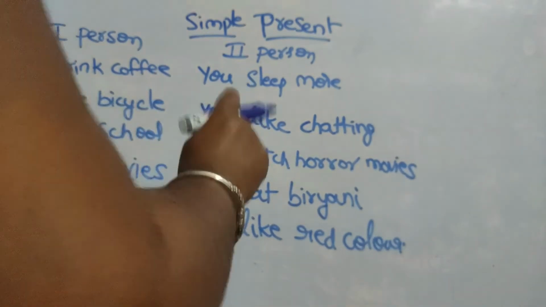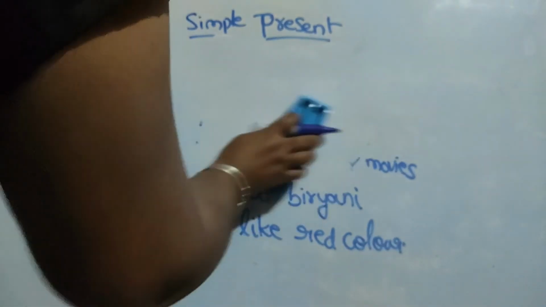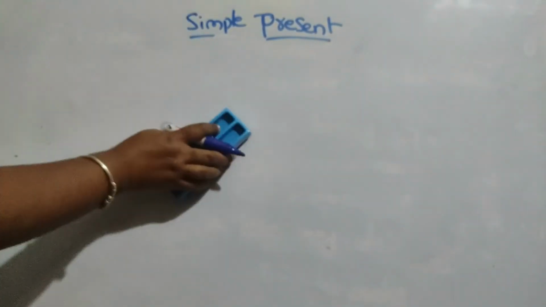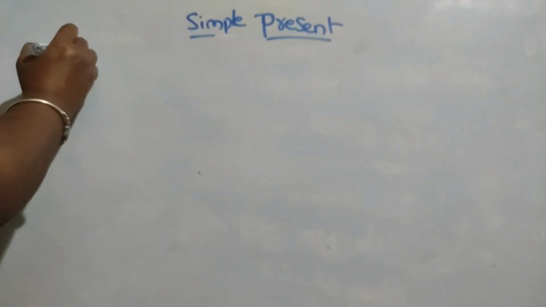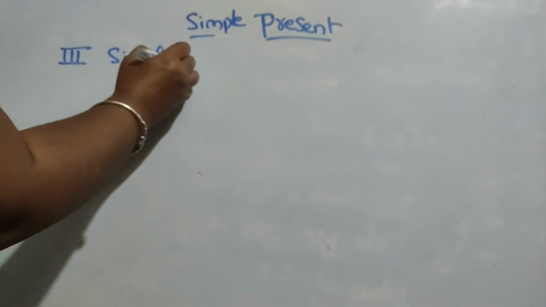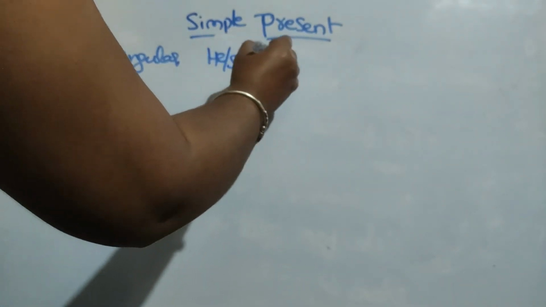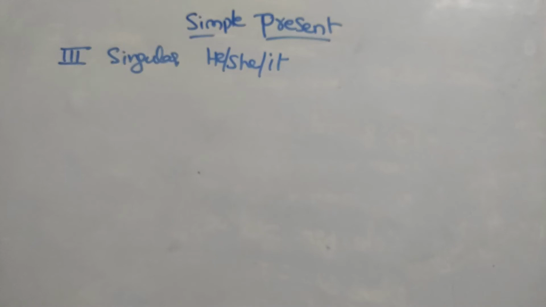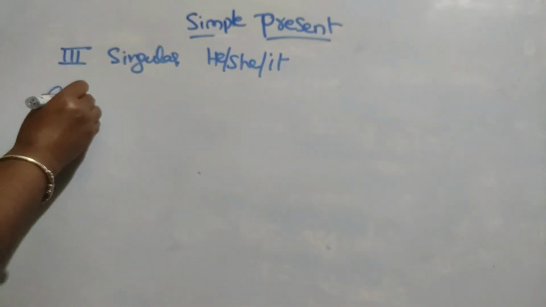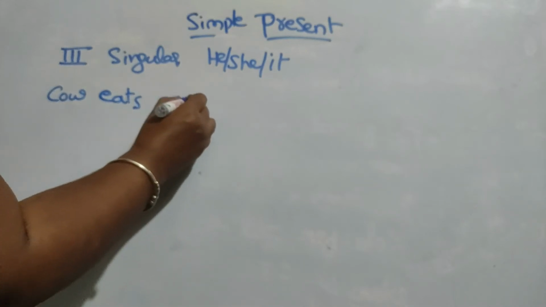When it comes to third person singular, you can see now how the verb changes. Third person singular, as I told, he or she or it or any person name comes under third person only. So now, cow eats grass.